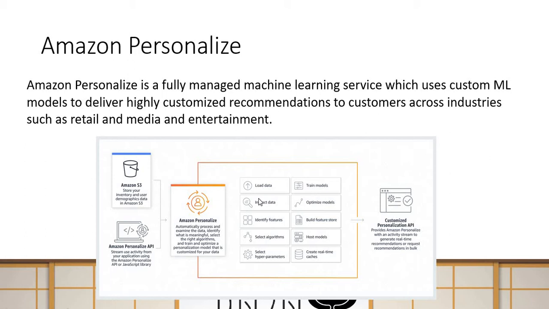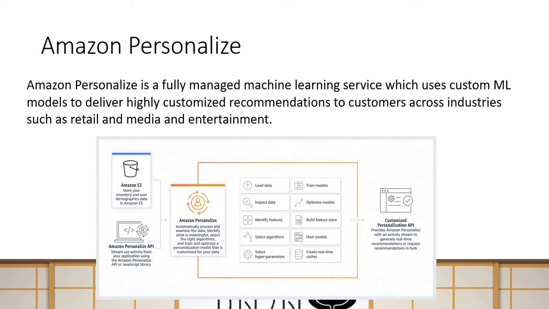I'm going to go through each of these building blocks in detail, but in very simple terms, you use your own historical data for the customer or user for which you want to make the recommendation, use that data to build your own model using the Amazon Personalize framework, and then deploy that as a solution, which can be called using programming APIs to fetch the personalized or customized recommendation for the customer or user.